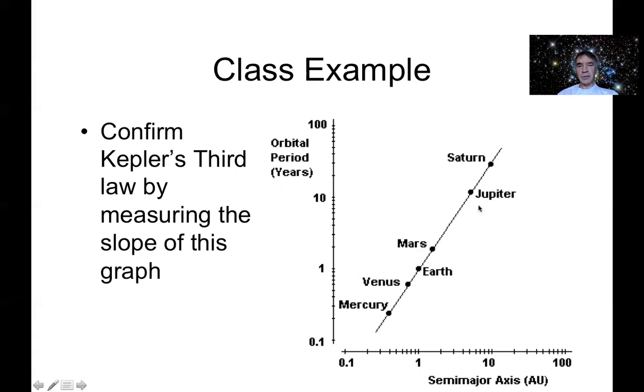You can see that it's a straight line. If you get your rulers out and measure the slope of this line in this log-log plot, you should be able to recover Kepler's third law for yourself.